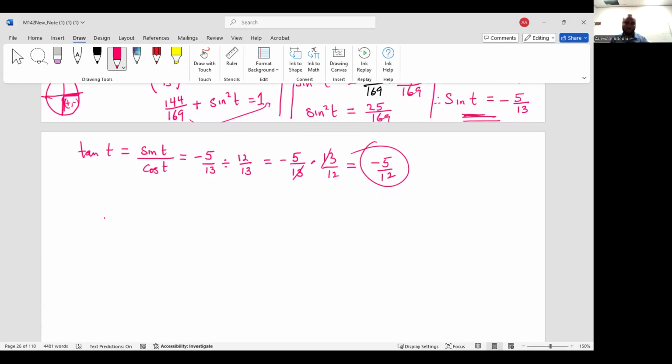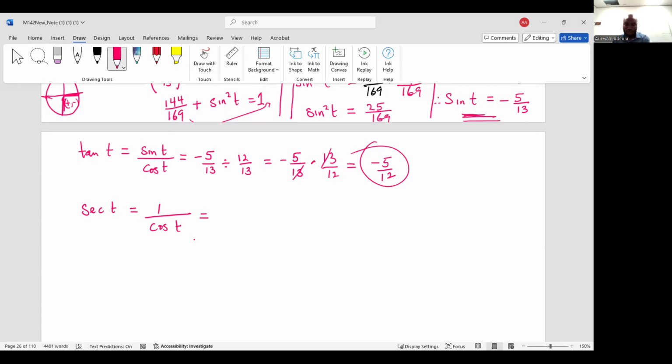Let me do one more. Secant of t, I do know that secant of t is 1 over cosine of t. So which is 1 divided by, in fact, in this class we should know, because we are mathematically more mature than we were before.